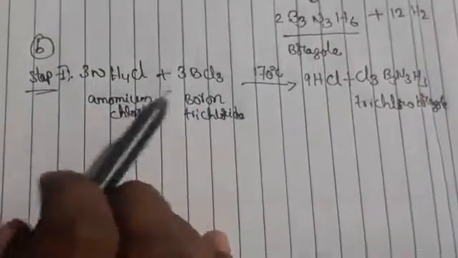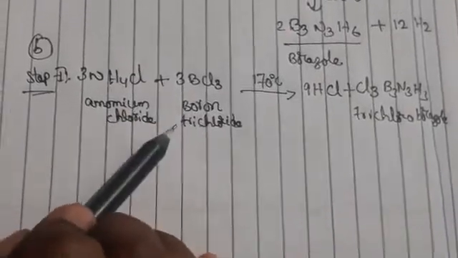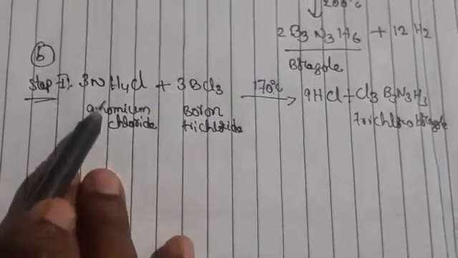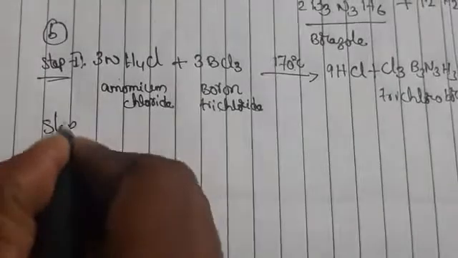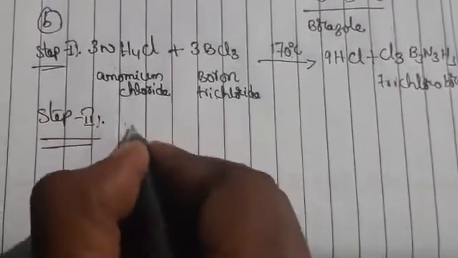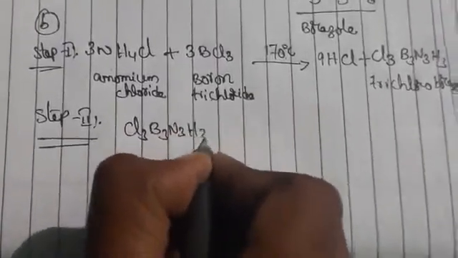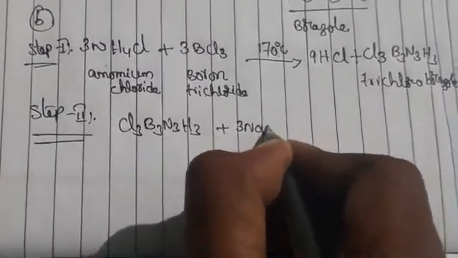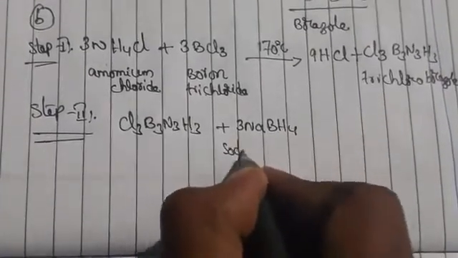So in the first step, ammonium chloride and boron trichloride are reacted by heating, the vapors passing over with nitrogen, and it forms trichloroborazole. In step 2, trichloroborazole is treated with sodium borohydride, NaBH4.